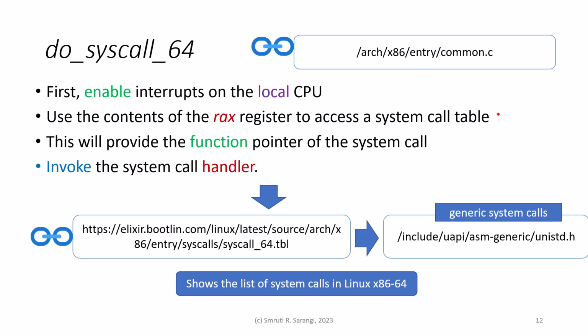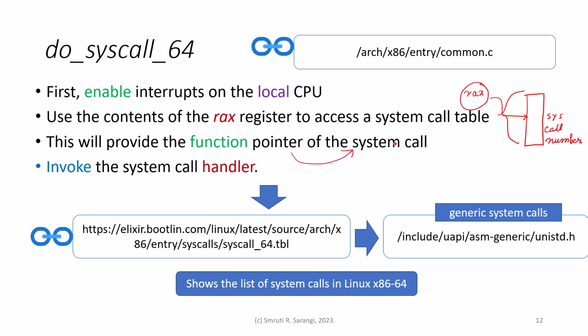And we access a system call table using the contents of the RAX register, which actually contains the system call number. So finally, what comes out is a function pointer of the system call.